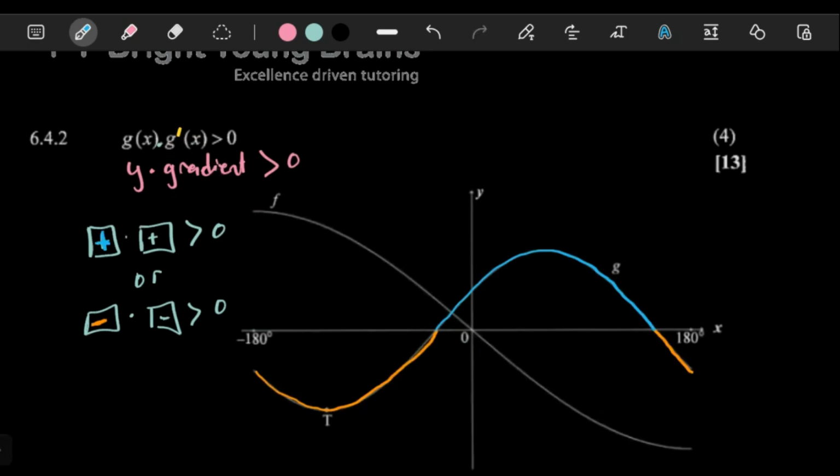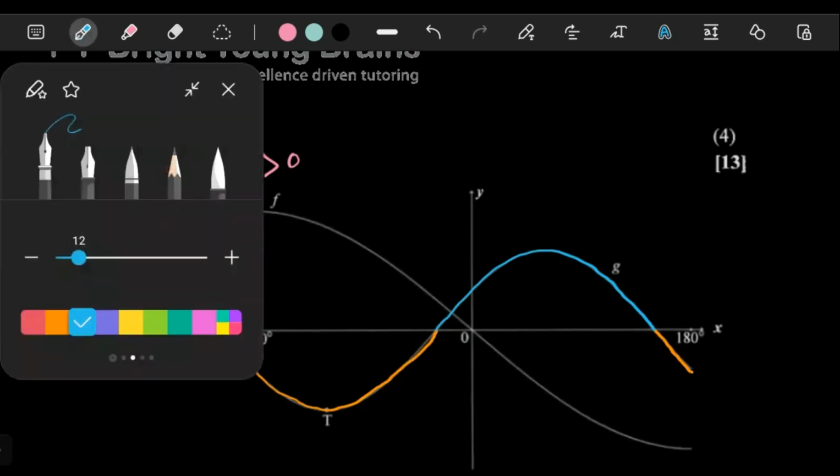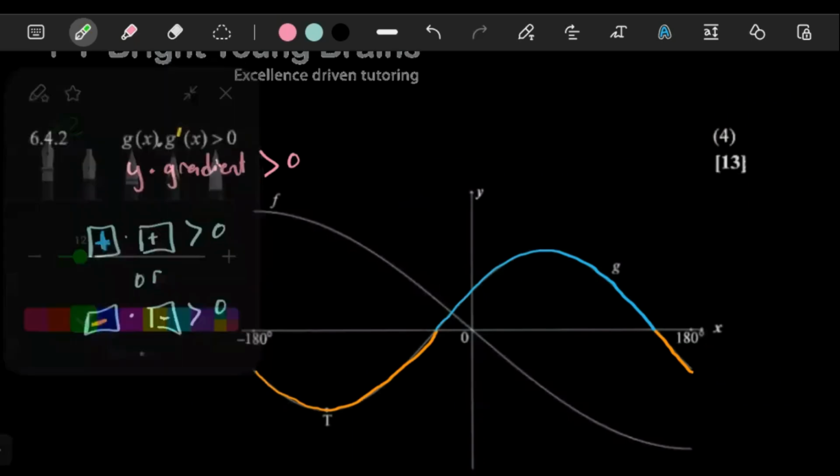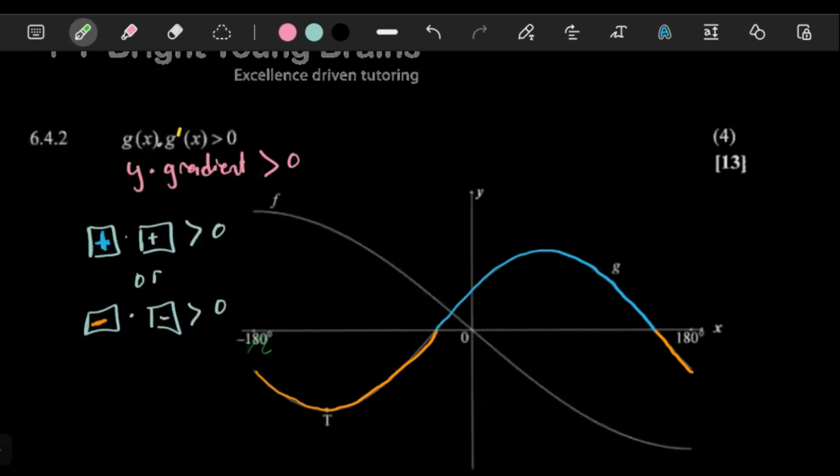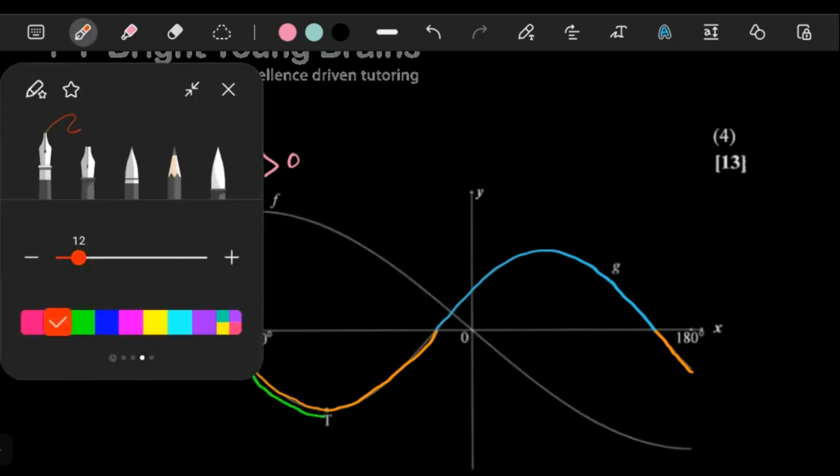For gradient, remember, to determine whether the gradient is negative or positive, it's quite simple. You almost pretend that you're riding a bike on this line. Here you're going to be going down the line. Any part where you're going down, that's where the gradient is negative. Any part where you're going up, that's where the gradient is positive.